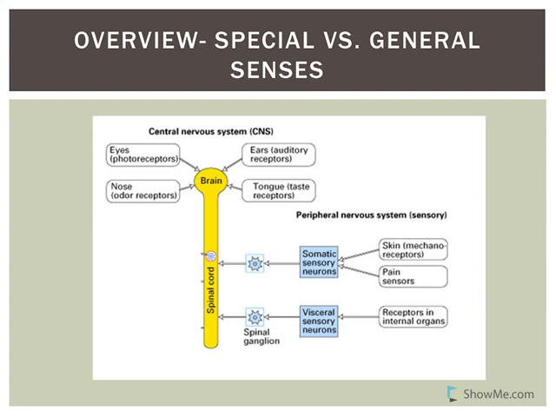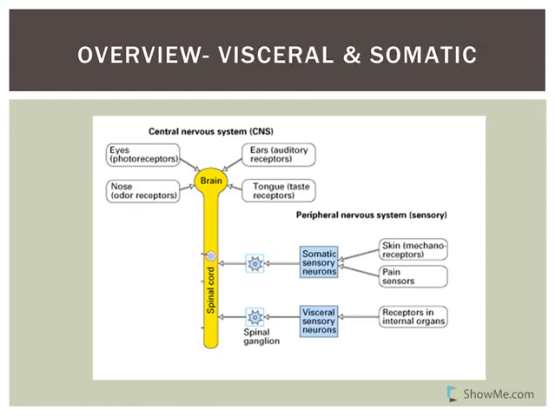Now, we also can distinguish senses and break them down into somatic versus visceral. Somatic senses is what we're primarily going to be discussing in this lecture, the things coming from, say, your skin, like touch and pressure, pain receptors.